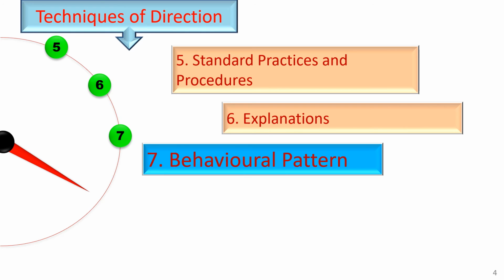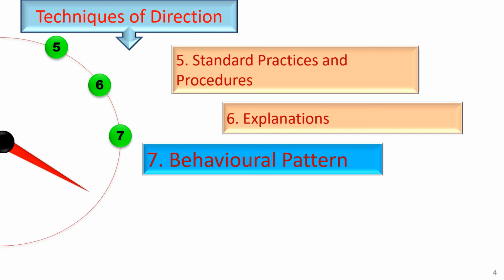The next technique of direction is behavioral pattern. Manager adopts any one of the patterns: autocratic, participative or free rein. In the autocratic pattern, orders and instructions are given in detail, and subordinates are not at all involved in decision making. The next pattern is democratic, in which decision is taken jointly by superior and subordinates.